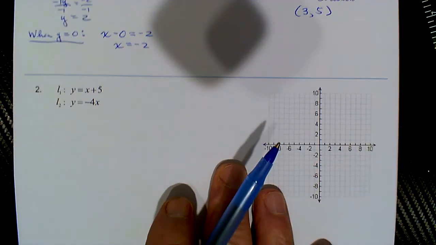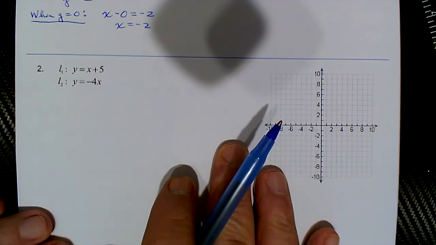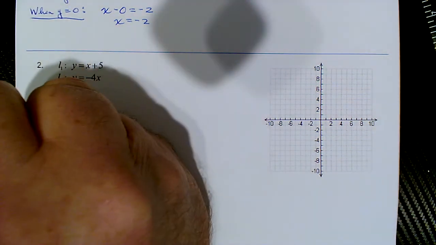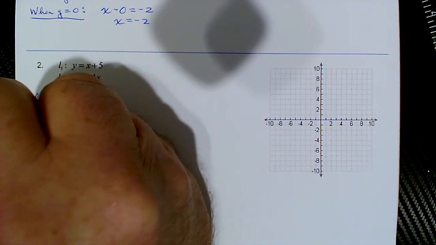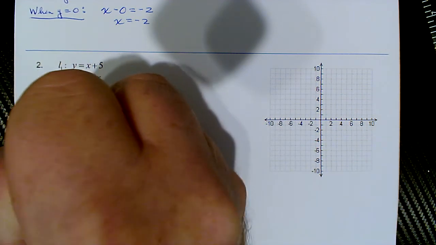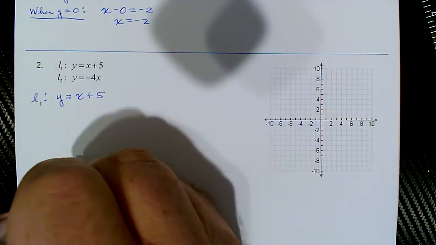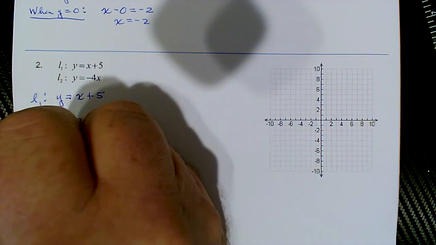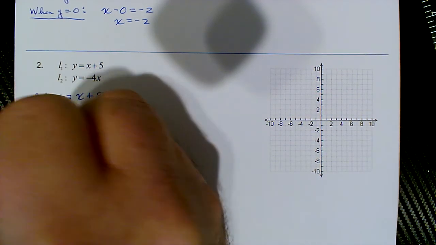Now, here's a situation where in both equations, y is given explicitly in terms of x. Choose your method. I mean, maybe if you like the slope-intercept method, that's fine. But I think a table of values is probably the easiest way to go.